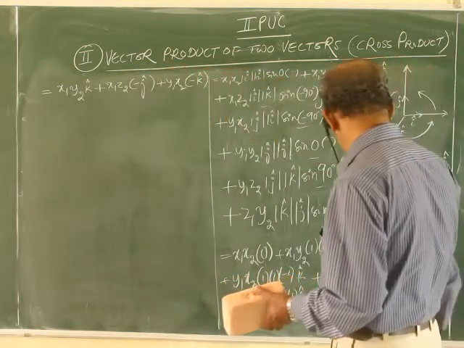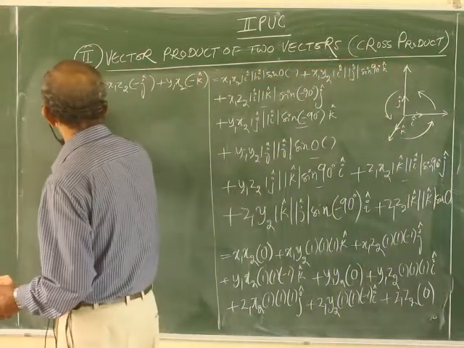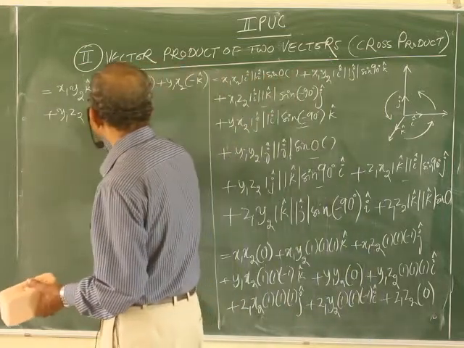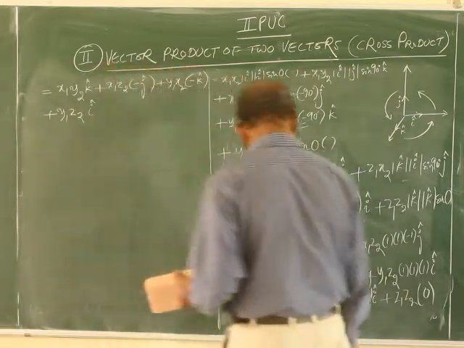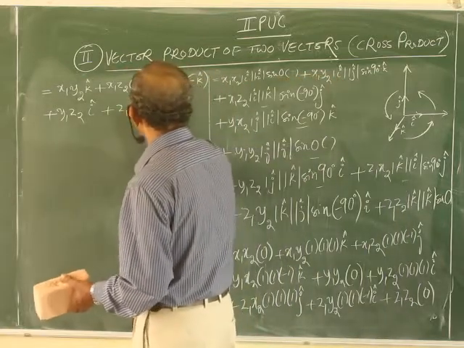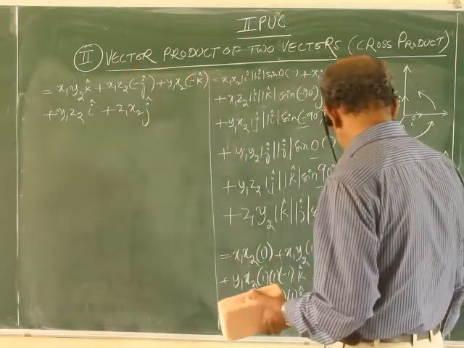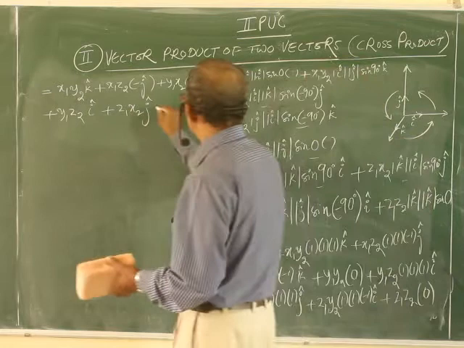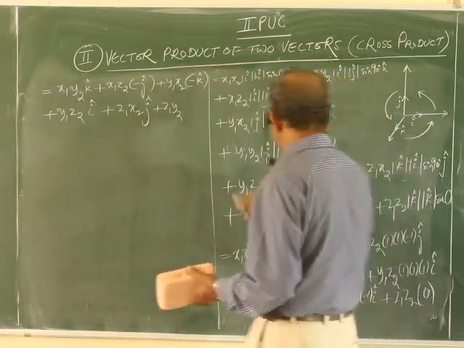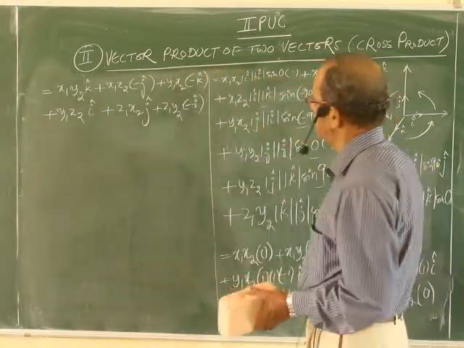The next is 0, leave it. y1 z2 I, z1 x2 j, z1 y2 minus I. The last one is 0, leave it.